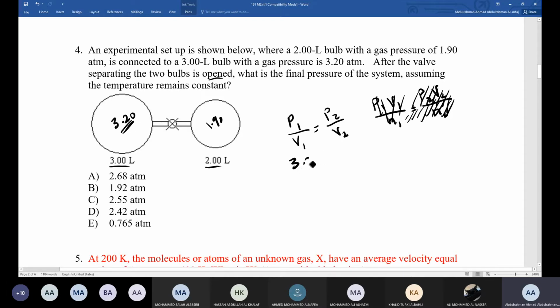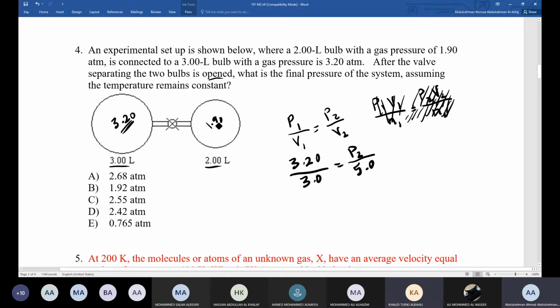So I'll do 3.20 divided by 3.0 equal to P2 over V2, which is 5 liter. I'll call this one P1 and this P2.